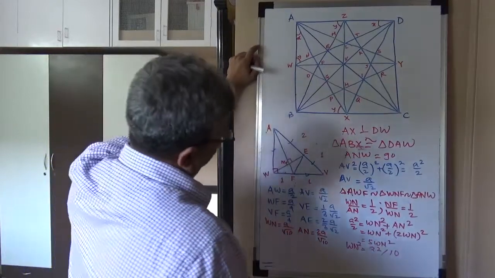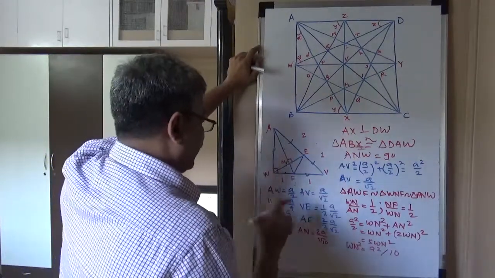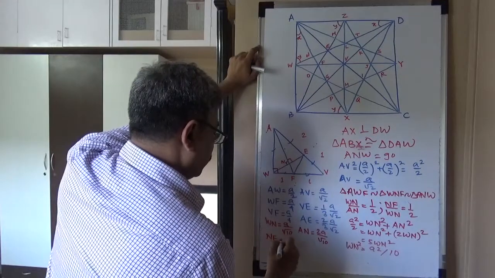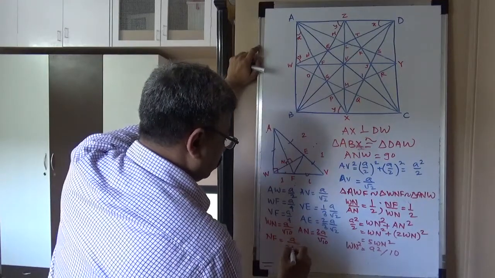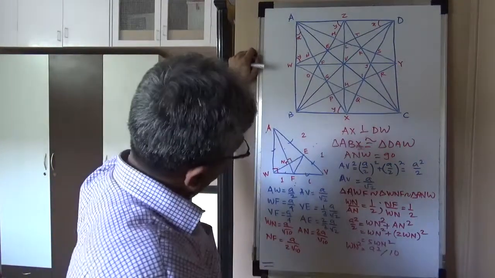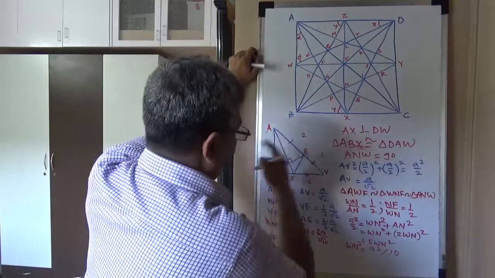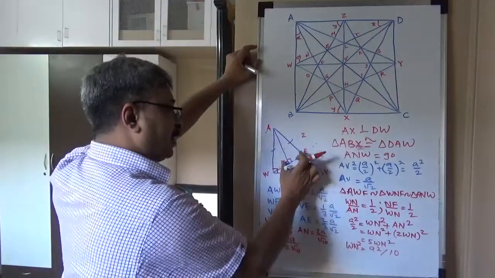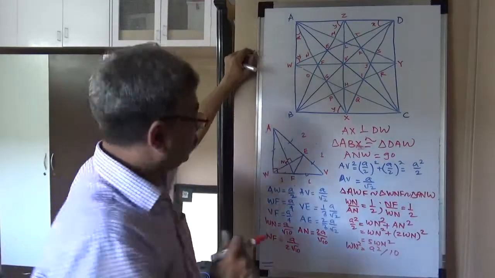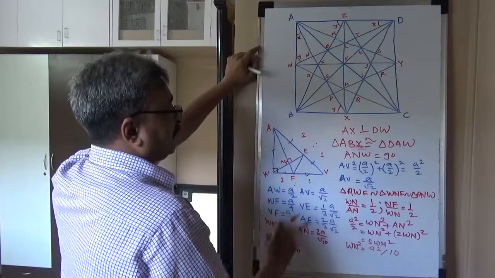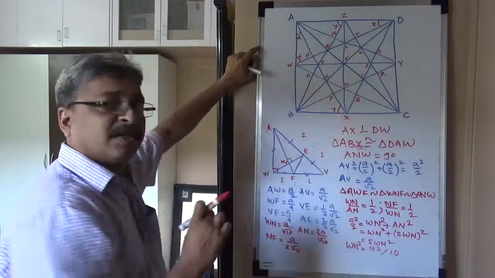Correct? And now what we are left with is NF. NF is half of WN. So NF is a upon 2 root 10. Correct? And now if we know AE, if we know AN, we can find out NE. And once we know NE, we know NF. By Pythagoras theorem, we can find out EF.